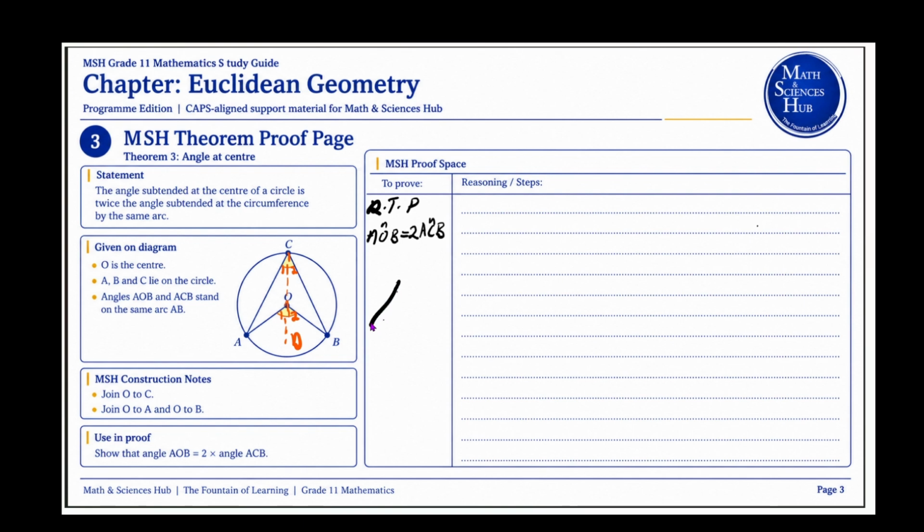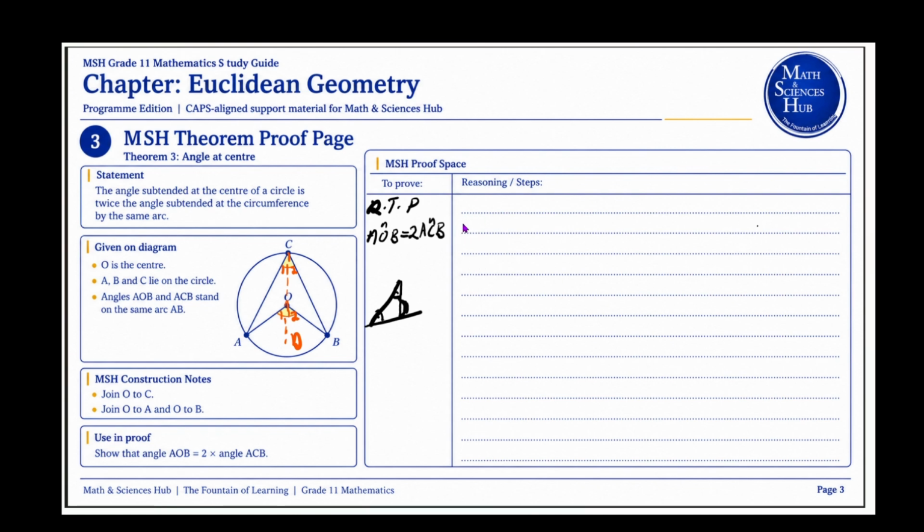This time we are going to use the exterior angle of a triangle equals the sum of the interior opposite angles. The exterior angle, the angle outside the triangle, equals the sum of those two angles. That is one of the most important properties of triangles.